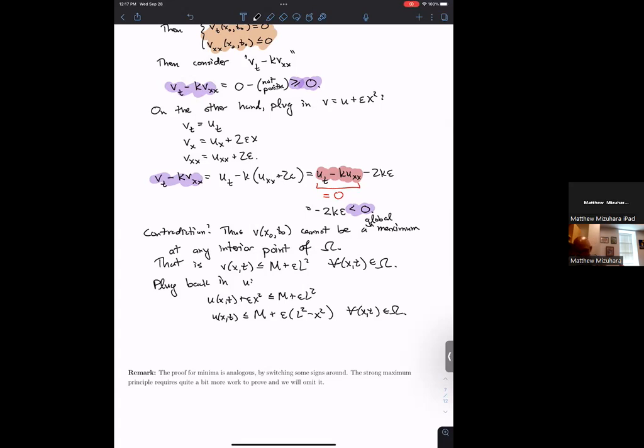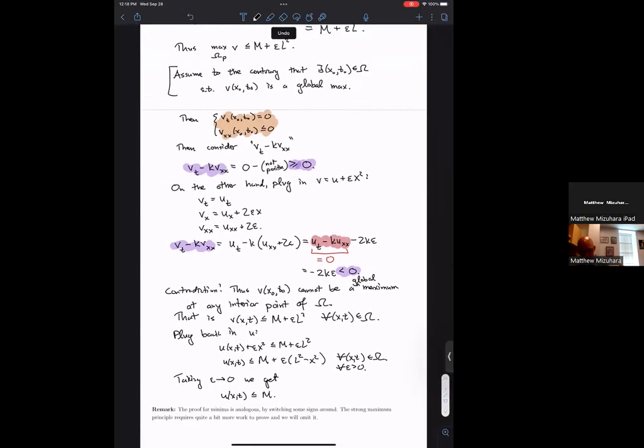Moreover, this is true for any ε bigger than 0. Everything I just did was for an arbitrary ε, as long as it was positive. So this inequality is true no matter what ε I take. So by taking the limit as ε passes back to 0, we get u of (x, t) is less than or equal to just m.